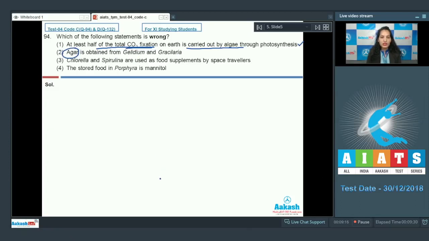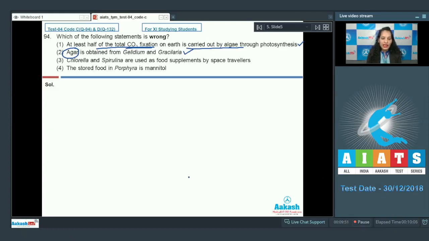Before discussing this statement, you should know what agar is. Agar is a hydrocolloid. It is used in preparations of ice creams and jellies. It is also used to grow microbes in laboratories. Agar is obtained from red algae, particularly the cell wall of red algae. And Gelidium and Gracilaria are red algae. So this is a correct statement.